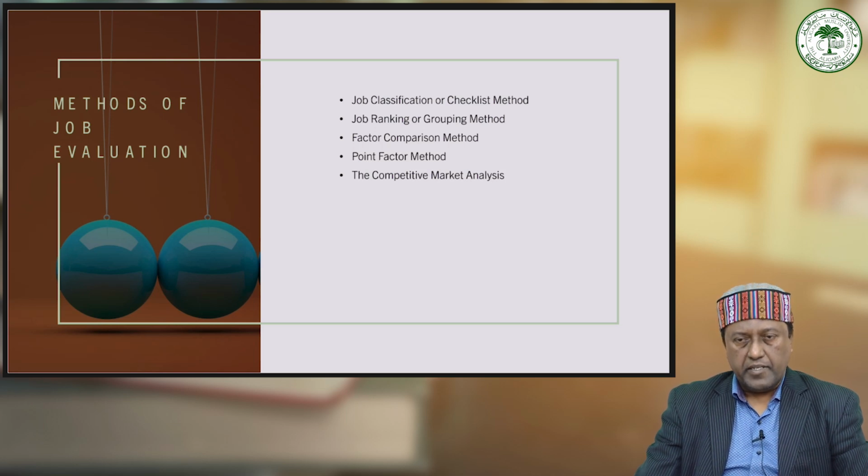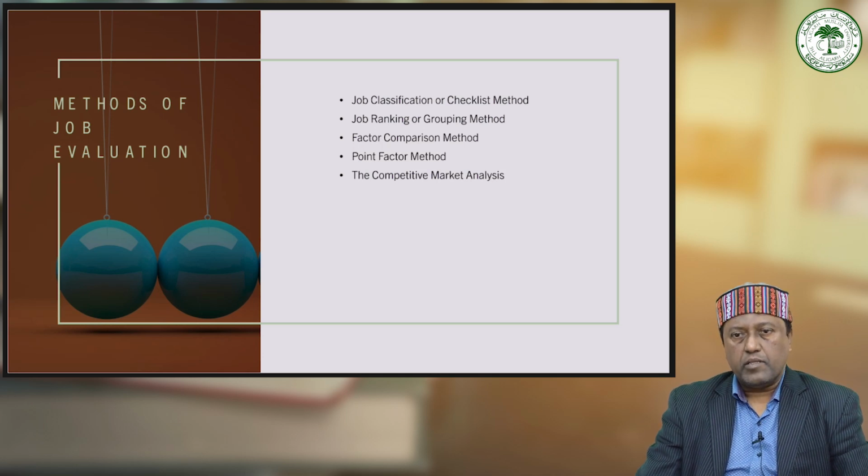Then, limited criteria. This method doesn't take into account multiple criteria or factors that contribute to the value of the job. Instead, it focuses on one broad quality, such as the overall complexity of the task or the level of skills required. Other factors like responsibility, decision making, or working conditions may not be considered in the ranking. Then again, it has one more drawback, that is lack of detailed differentiation.